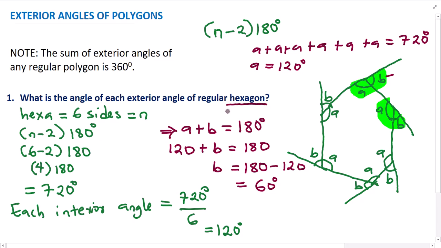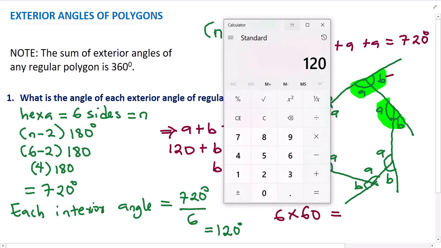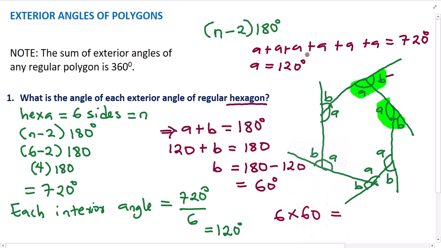So if one exterior angle is 60 degrees, the 6 exterior angles are 6 multiplied by 60, which is 360 degrees. Now, this makes sense.